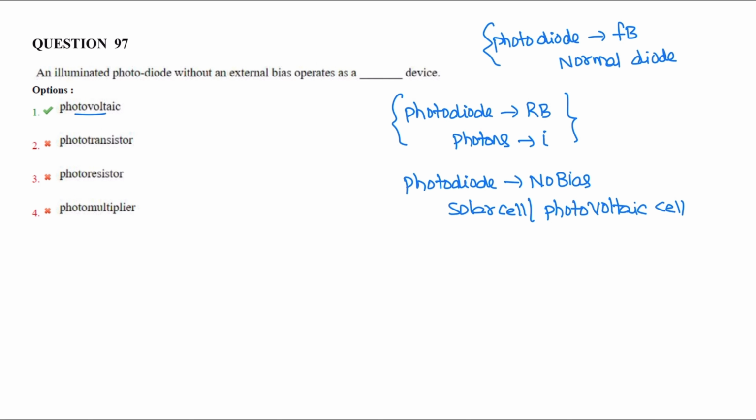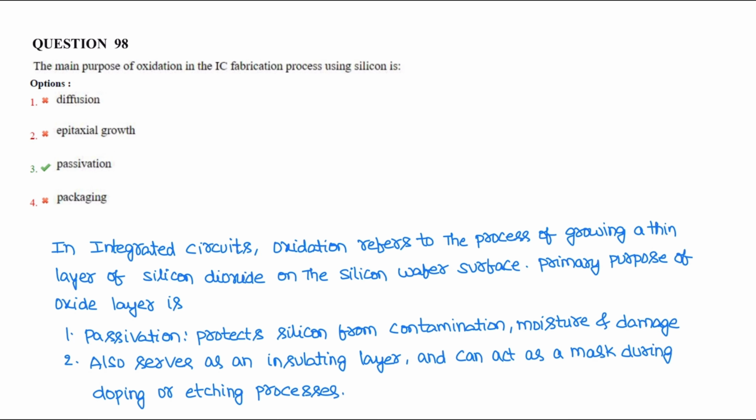If photodiode is under no bias condition, it acts like a solar cell or photovoltaic cell. Under forward bias condition, it acts like a normal diode. Under reverse bias condition, it converts photons into electricity. Correct option is 1.